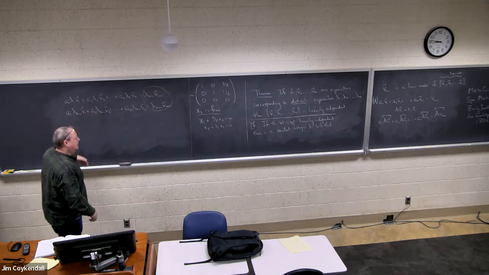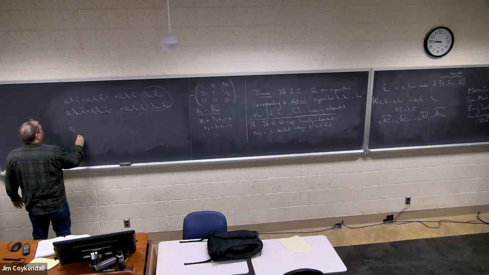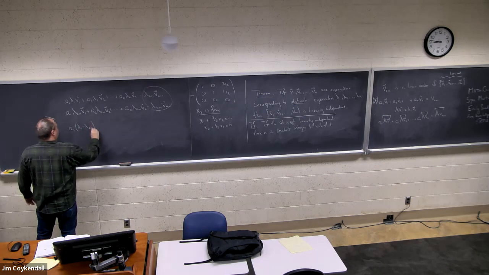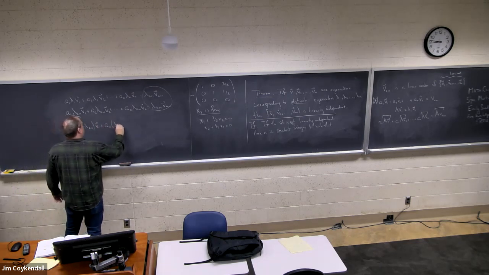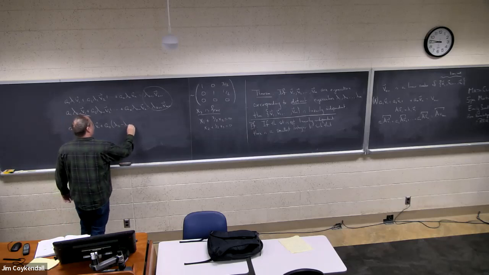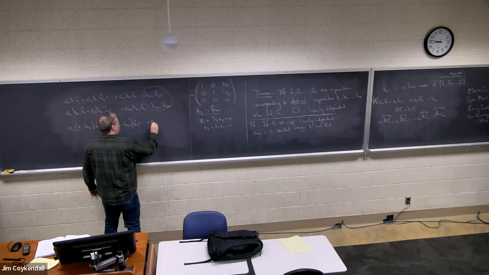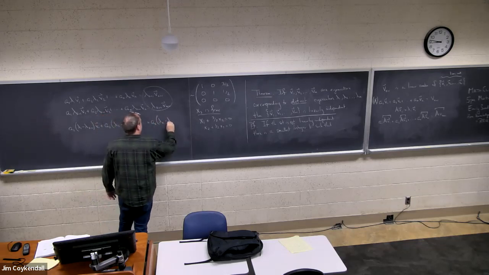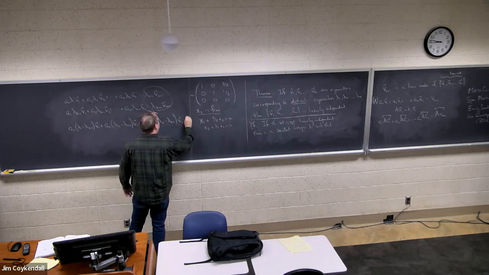So if I subtract these equations, I get A1 times (lambda 1 minus lambda K plus 1) V1 plus A2 (lambda 2 minus lambda K plus 1) V2 plus AK (lambda K minus lambda K plus 1) VK is equal to 0, right?